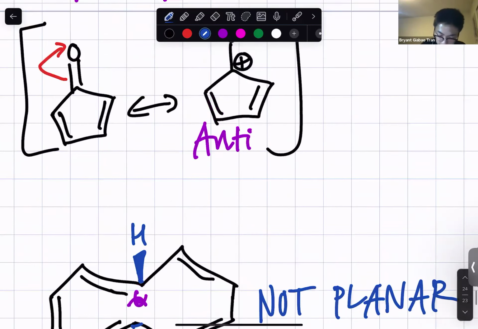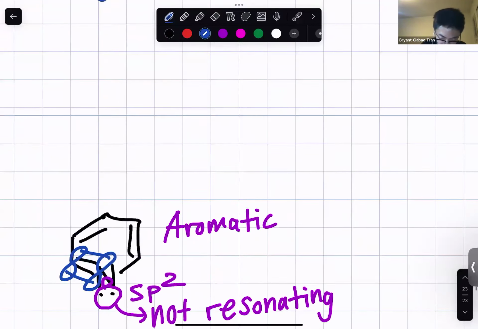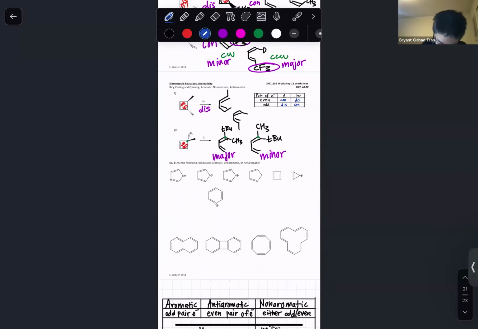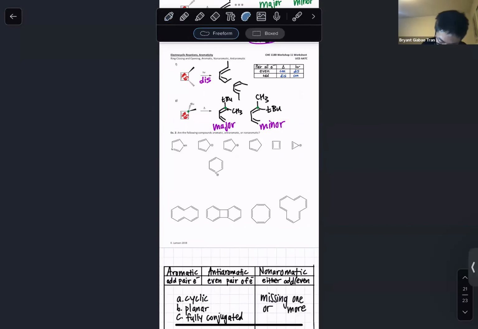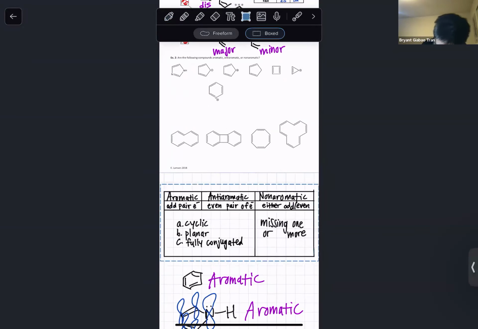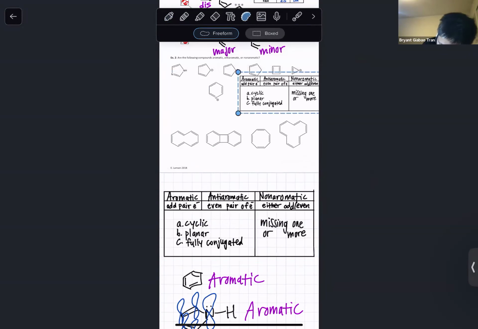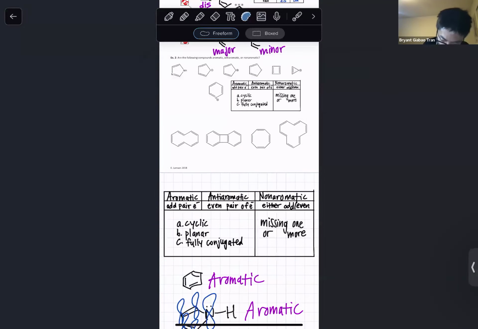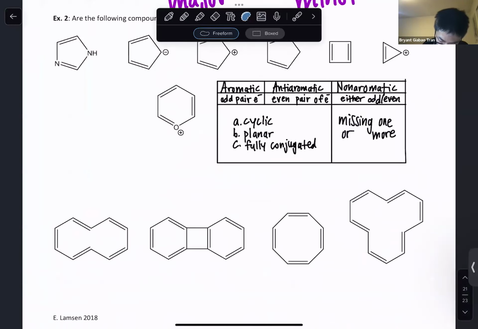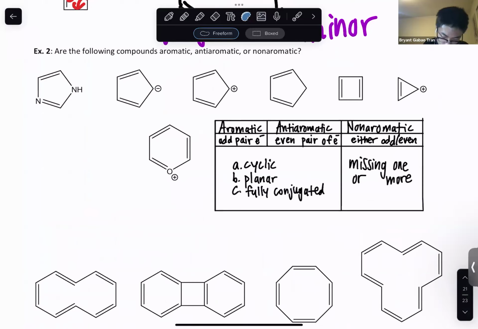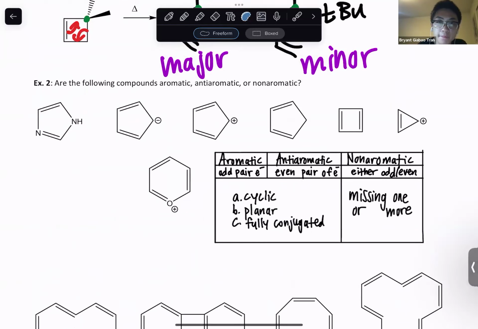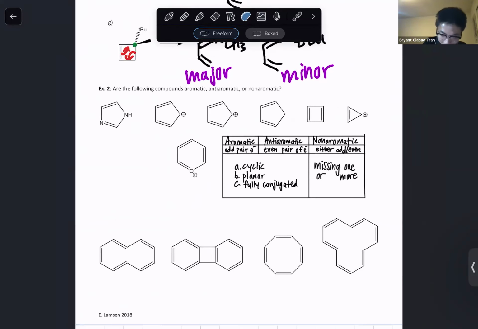Okay, let's try the worksheet. Let me just tell you the ones that I just went over, the ones that are not planar.